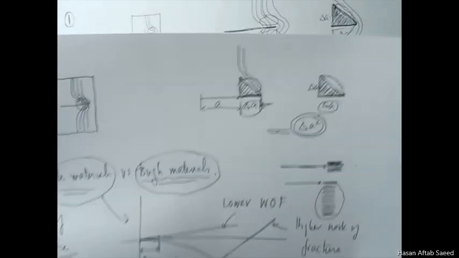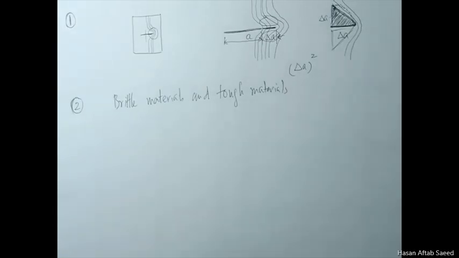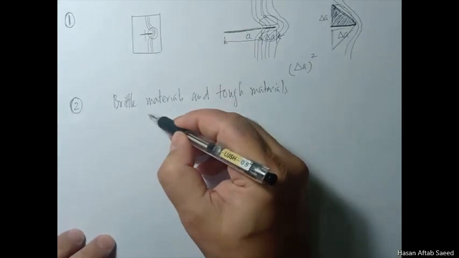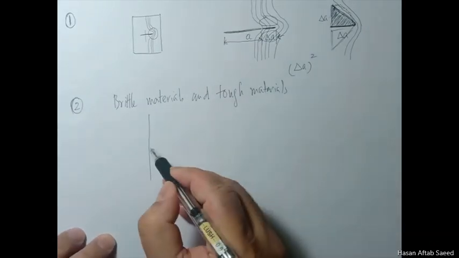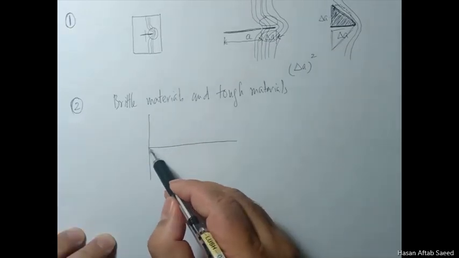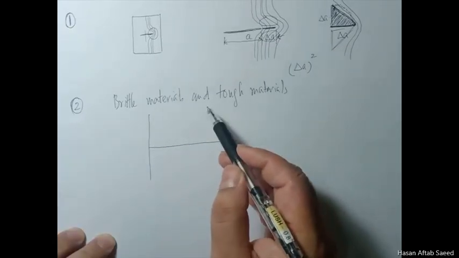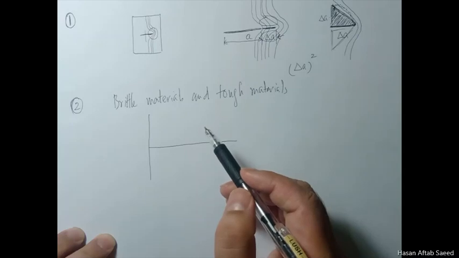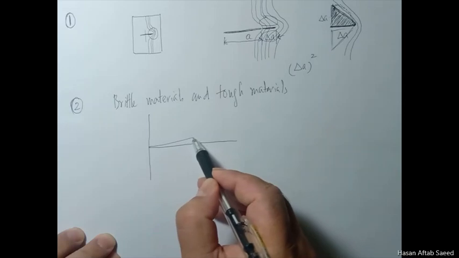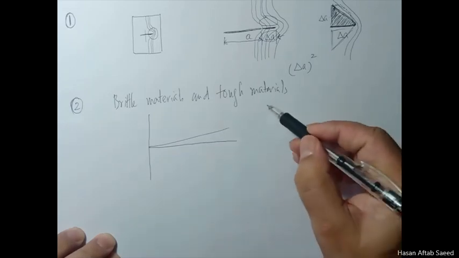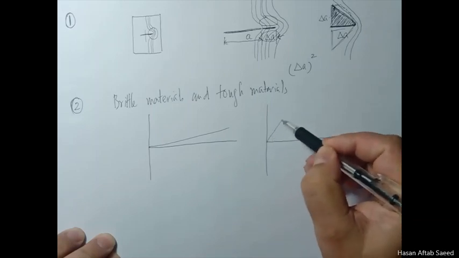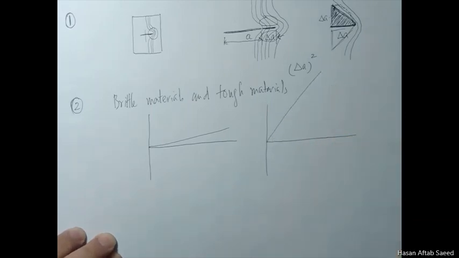I'll again take this. There's no doubt that a linear curve represents the energy needed for a crack to extend. But this line can be like this. For brittle materials, it is like this. And for tougher materials, this line is like this.